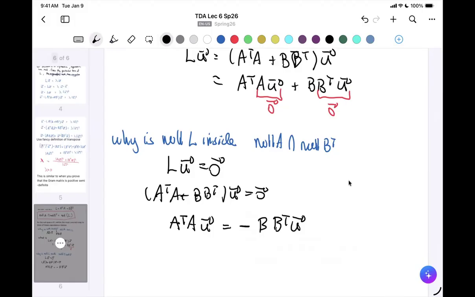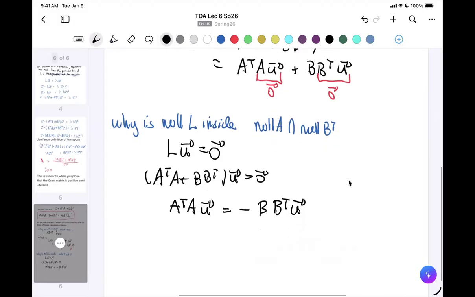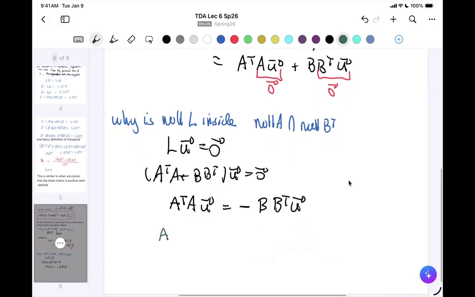Okay, but when you get to this point, I multiply both sides of the equation by A.